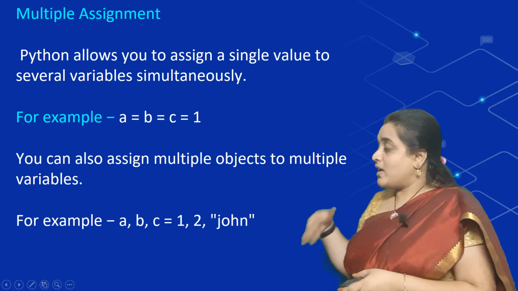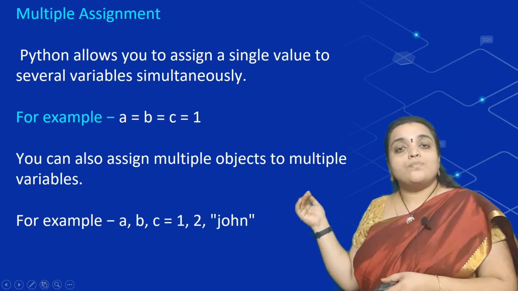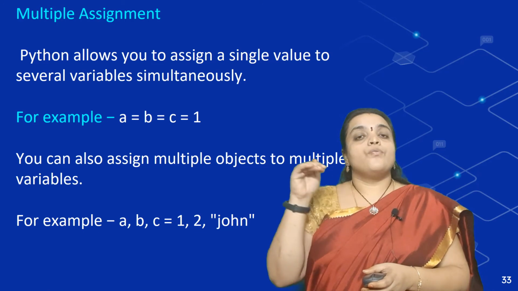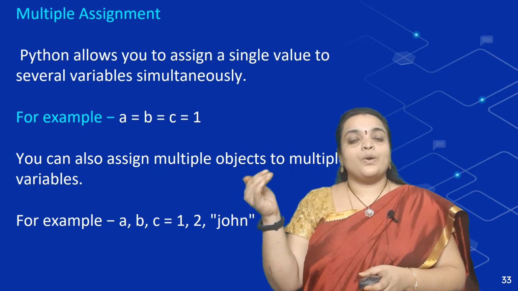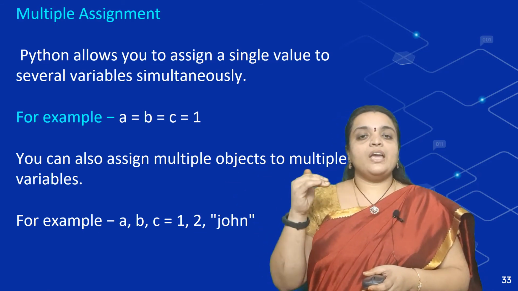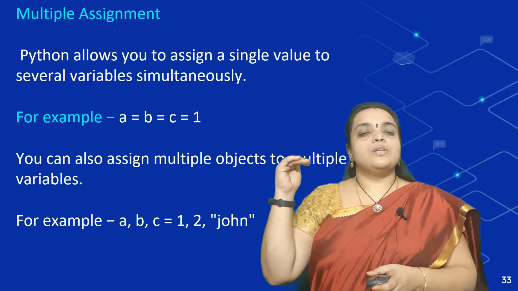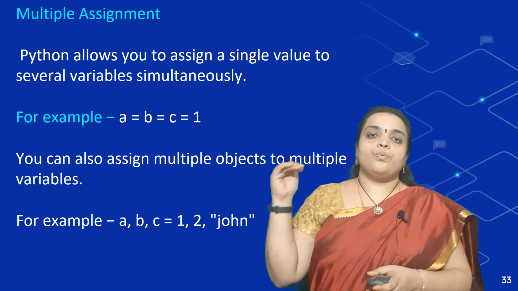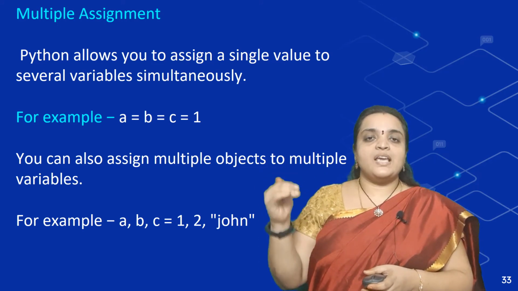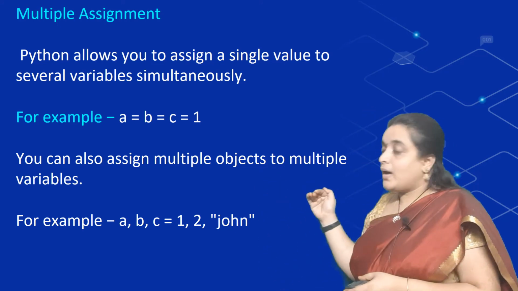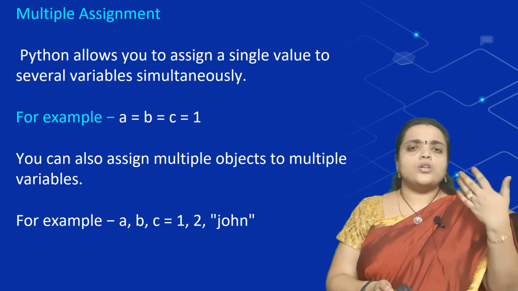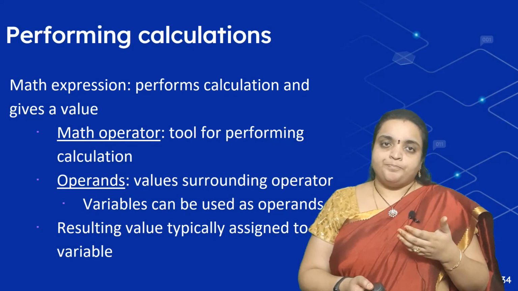Then you can also assign objects to multiple variables. Here you are assigning two numbers and one string: a, b, c is equal to 1, 2, John. Is that clear? So we can also assign like this.